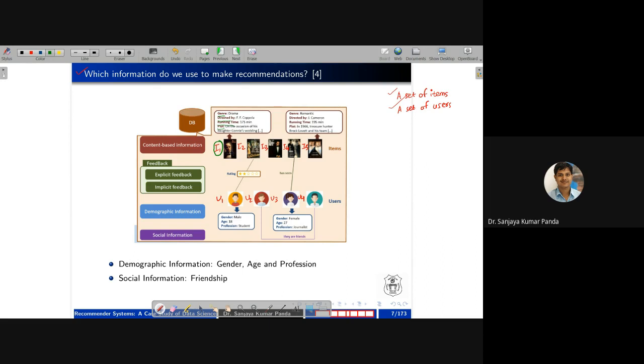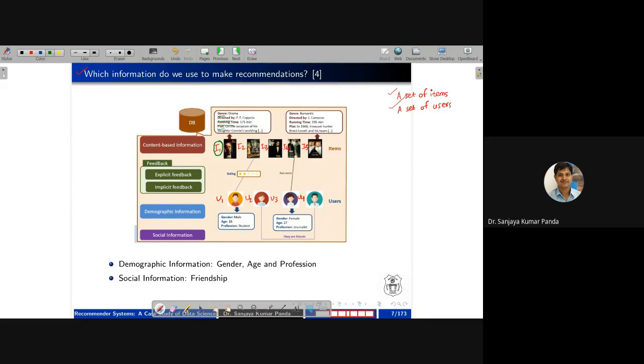Type of movie is also important. Suppose you like drama type movies, and tomorrow a new drama movie is released, then definitely that movie is going to be suggested to you on different platforms like Netflix and others, right?